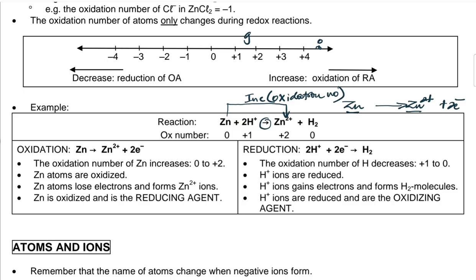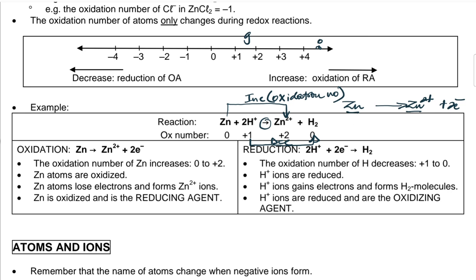So this one will be an oxidation. Okay, let's look at this one. Positive 1 to 0. These numbers are decreasing. Positive 1 to 0, the numbers are decreasing.